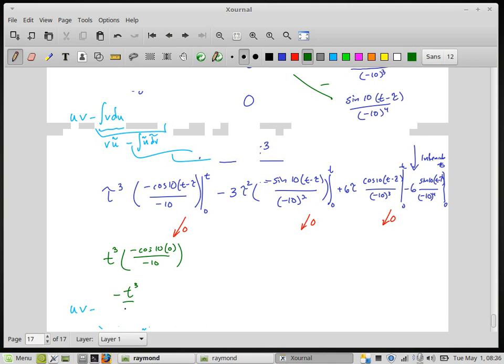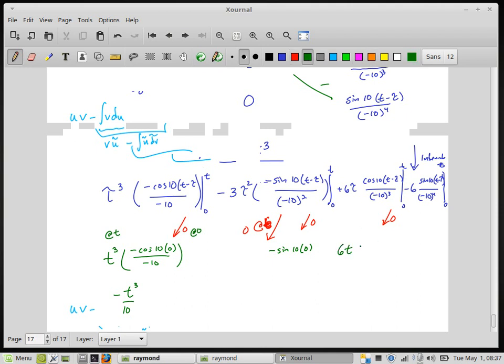So this is the at t value. This is at 0. This is going to be a sine, minus sine of 10 times 0. And this value is also going to be 0 at t. All right, so nothing drops down from there. This is going to be a 6t cosine 10 times 0.